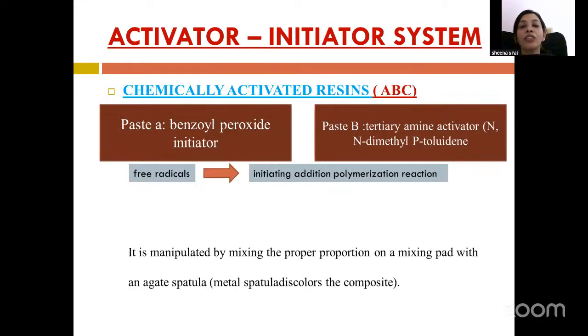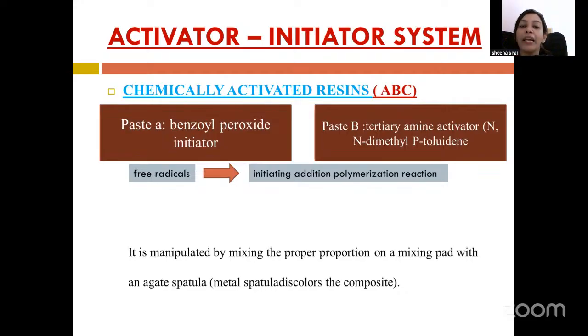I would like to discuss some important points that are frequently asked: the activator initiator system. We know that there is a chemically activated system with two pastes, paste A and paste B. Paste A contains benzoyl peroxide initiator. Paste B contains tertiary amines.